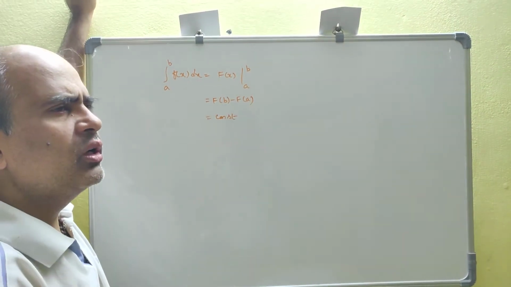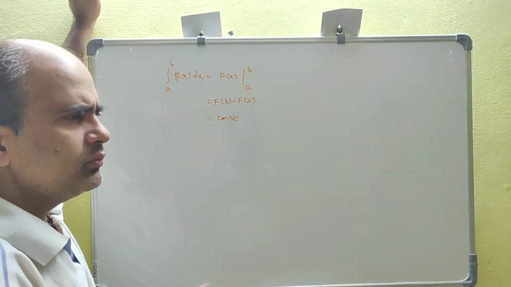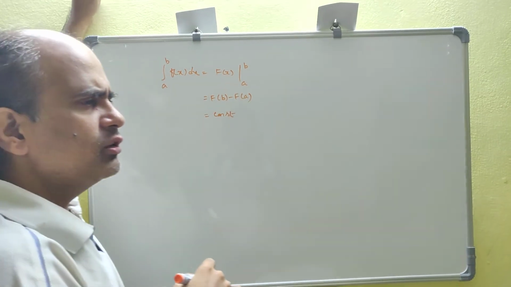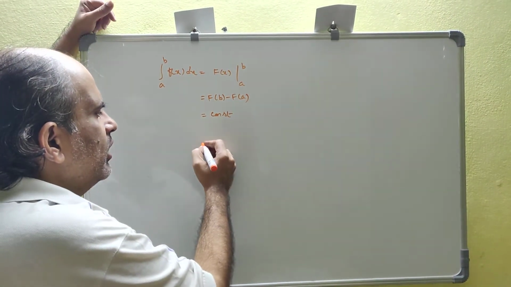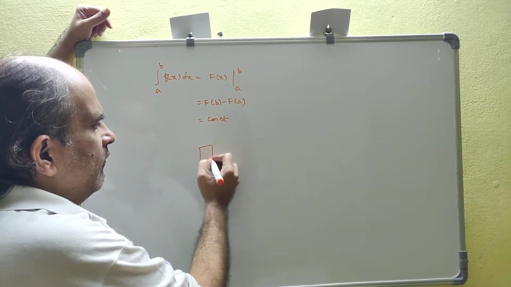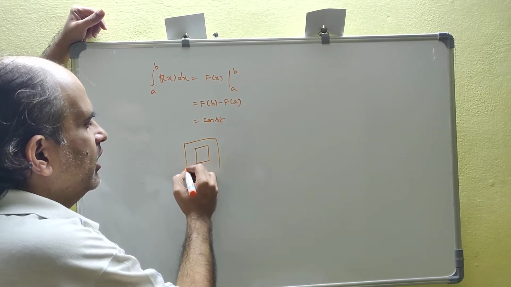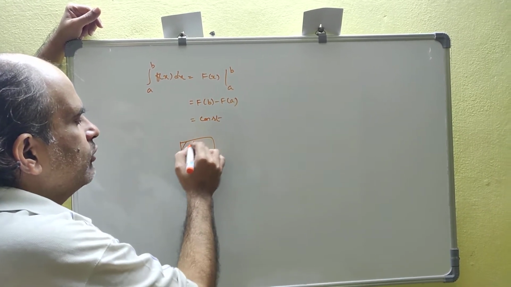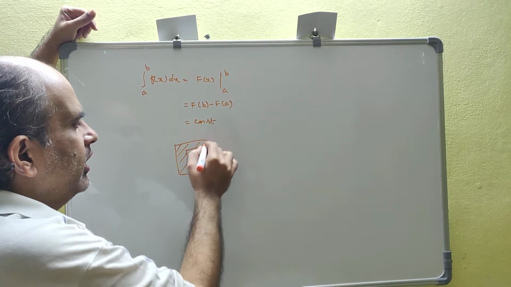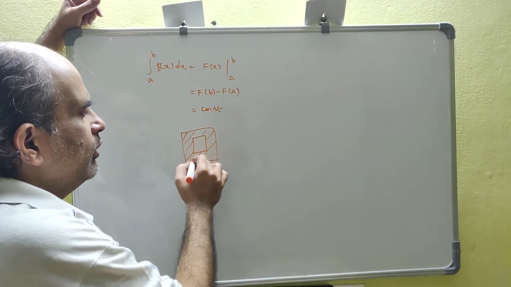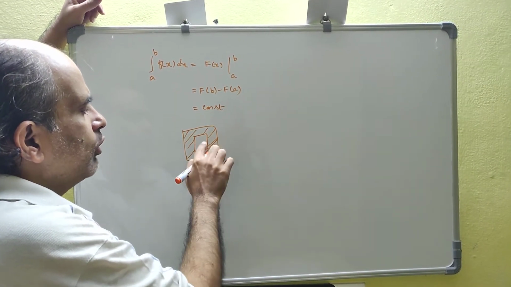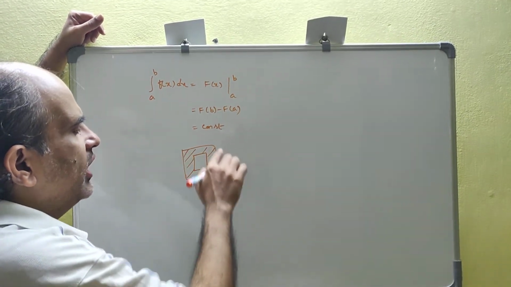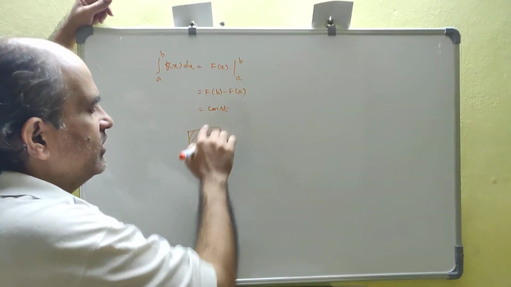Okay, let me give you some examples. In your earlier schooling, you have learnt about pathways, wherein you have a rectangular path and you are asked to find the area enclosed so that we can know the cost of the tiles that can be laid or the cost of the fencing.